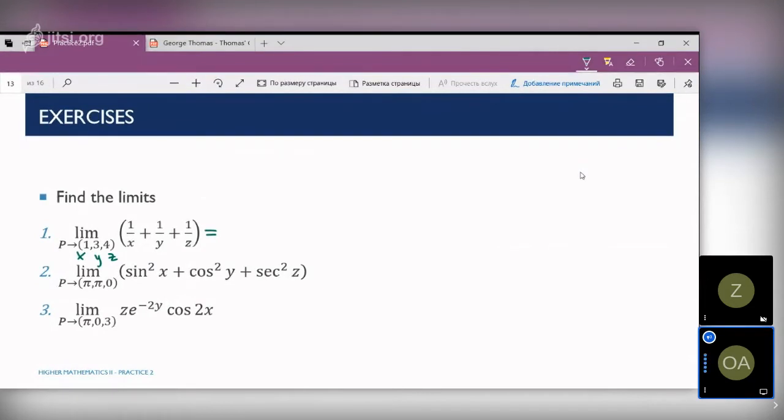So just plug in this number instead of this variable, instead of x, instead of y and z. Okay. And get the common denominator, which will be 12.